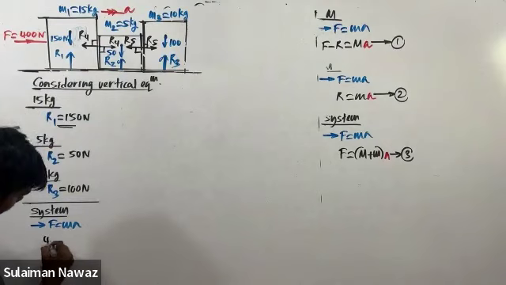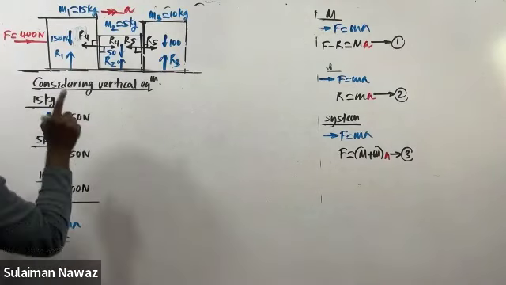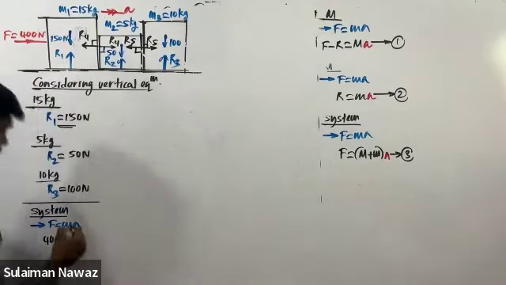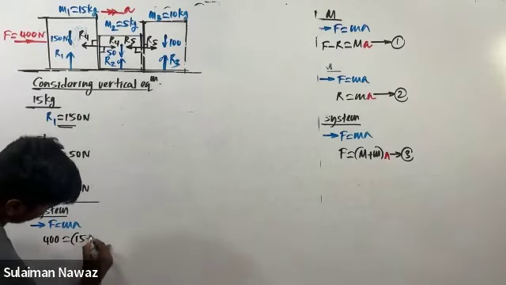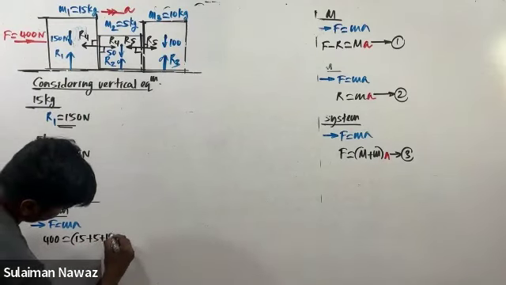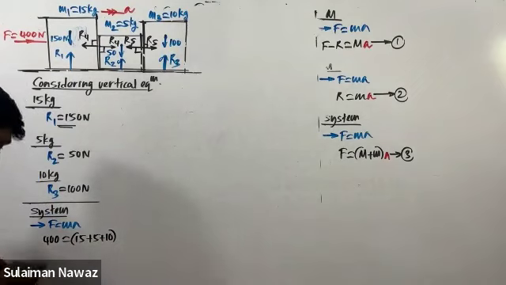400. Total mass of the system is 15 plus 5 plus 10 into acceleration of the entire system.